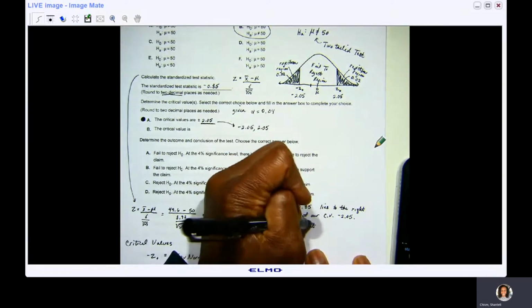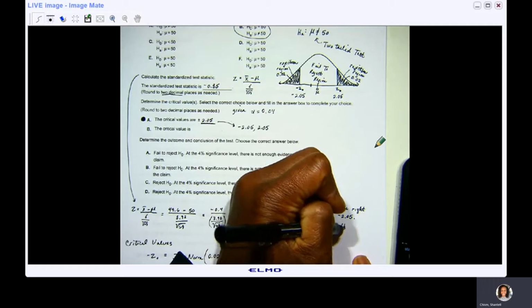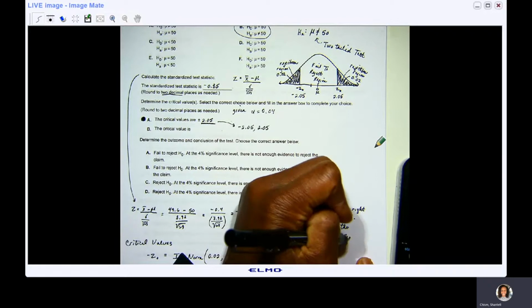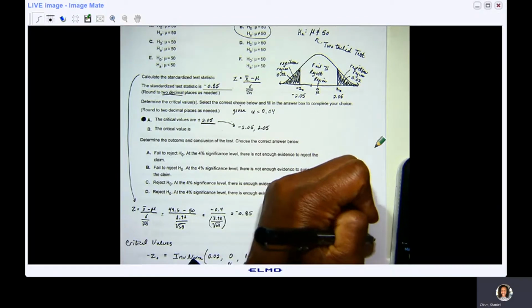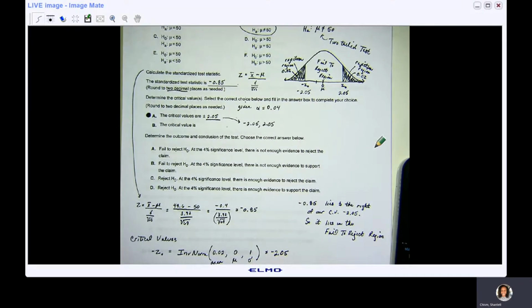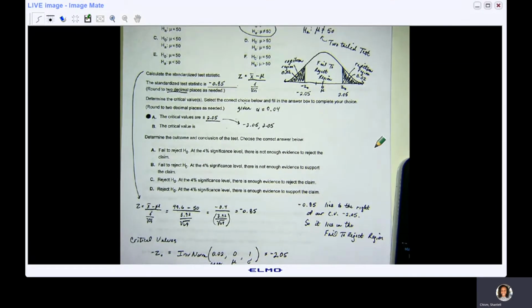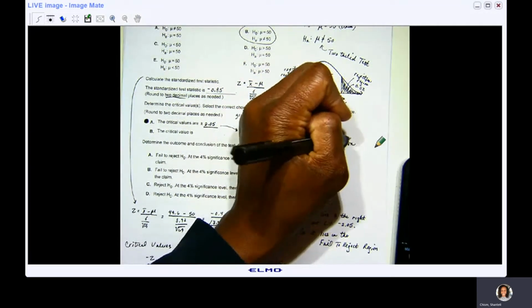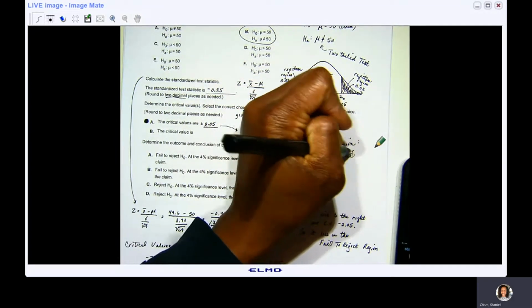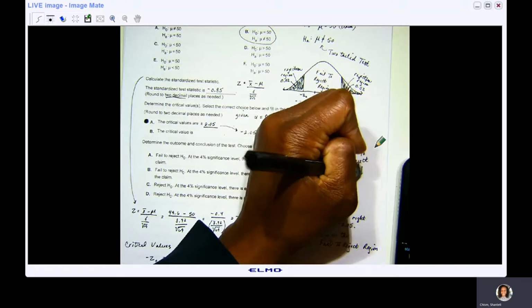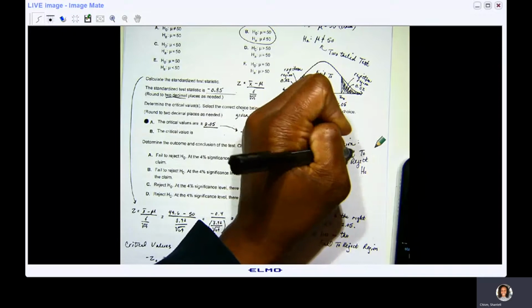So it lies in the fail to reject region. Now, let me put decision: fail to reject H naught. Okay, that's our decision.